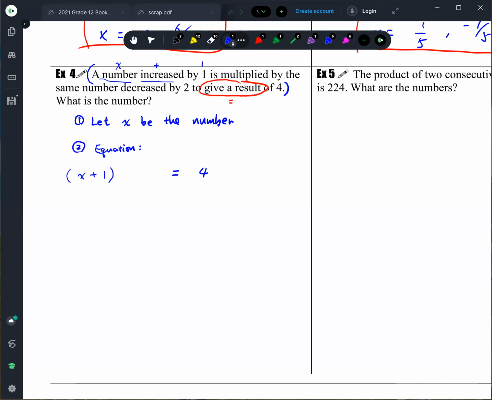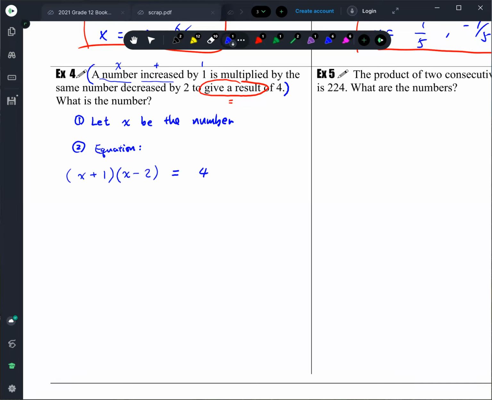Then you take that, multiply, so you put another bracket, multiplied by the same number. What do we use to represent the number we want to find? X. So that's the same number. Then decrease means minus 2.